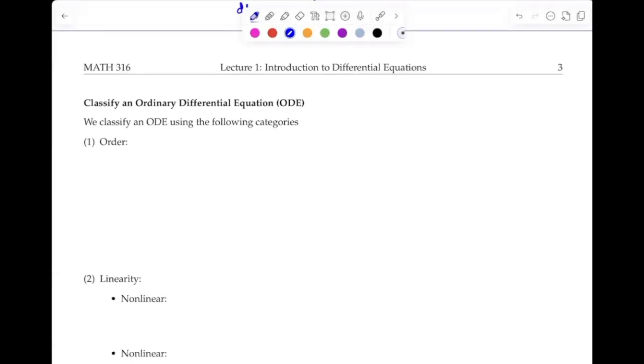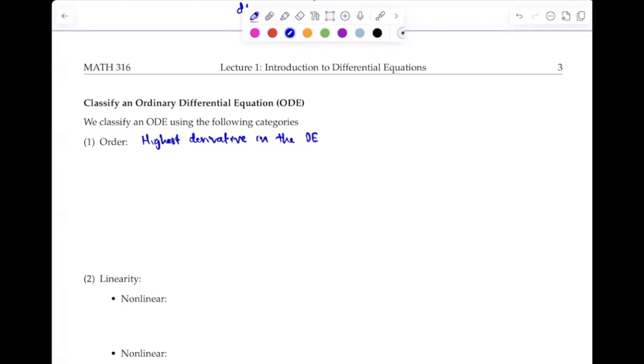So the first one is the order of differential equations. Again, it's the highest derivative in the differential equation. So it's a very straightforward category to classify.